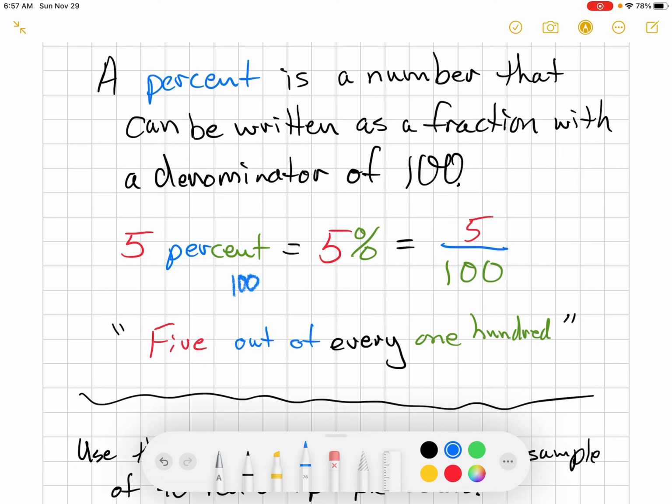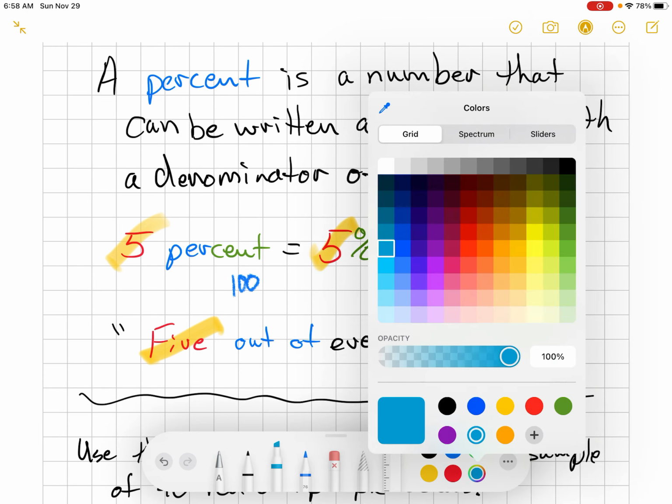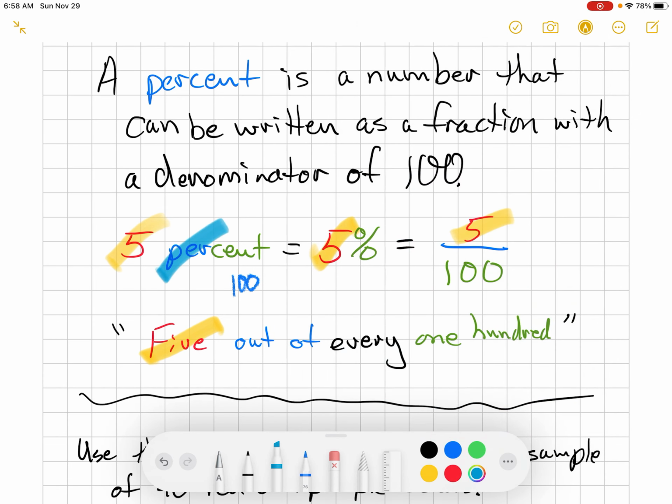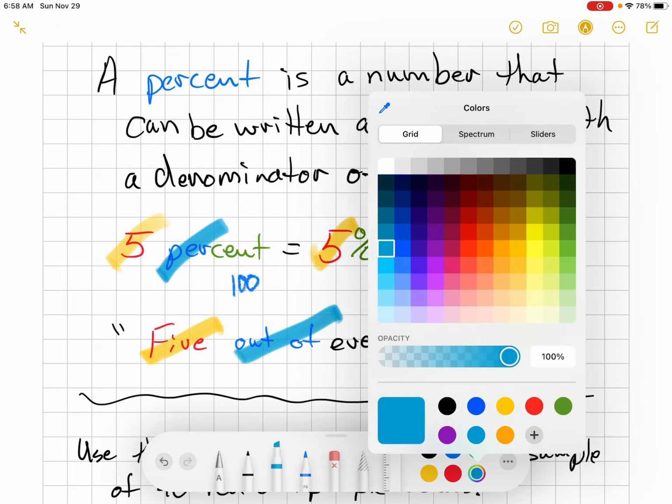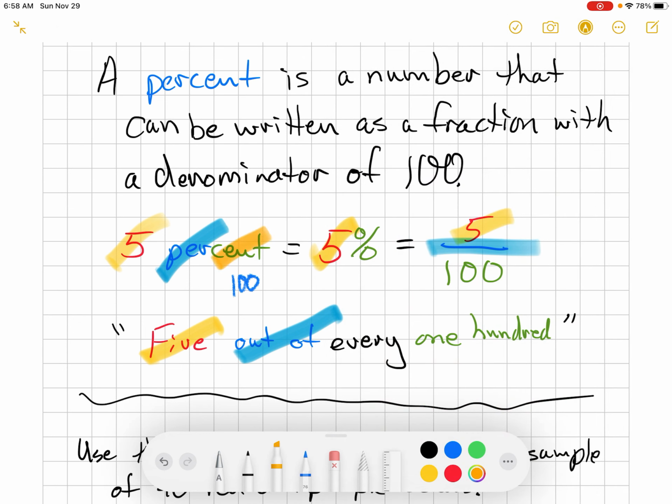So when we look at this now, let's start putting all these colors together. 5, per, or out of, and then cent, 100. I'm just trying to put all of those together to see all of this is there.